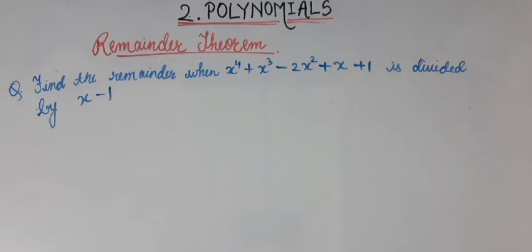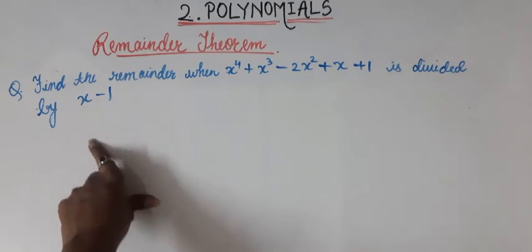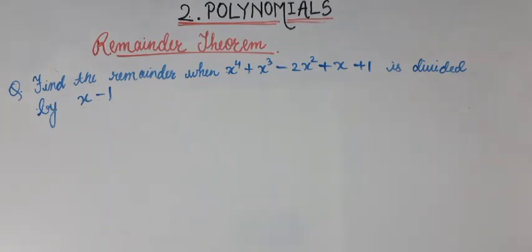But to make your remainder theorem concept clear, let us do it with the remainder theorem first. Now check whether the divisor is a linear polynomial, because according to the theorem the divisor should be linear. Your divisor is x minus 1, it is a linear polynomial, so yes, the remainder theorem is applicable.